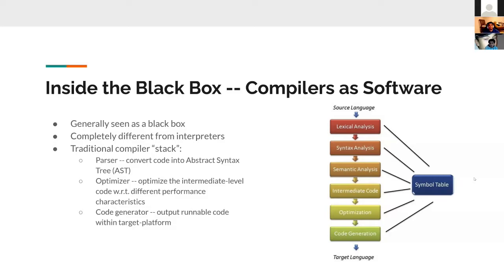One thing I do want to note is that compilers in the context of this talk are completely different from interpreters, right? An interpreter, at a foundational level, takes one component of the compiler, and I'll go over the components in the next bullet point. It basically stores your program as a data structure in memory, and then loops through that data structure.